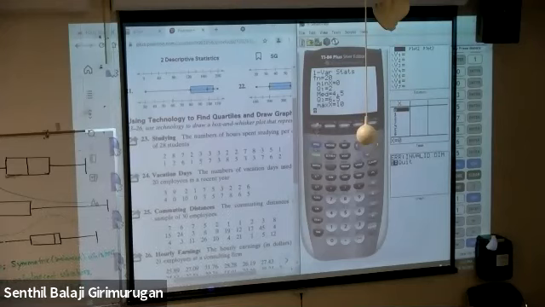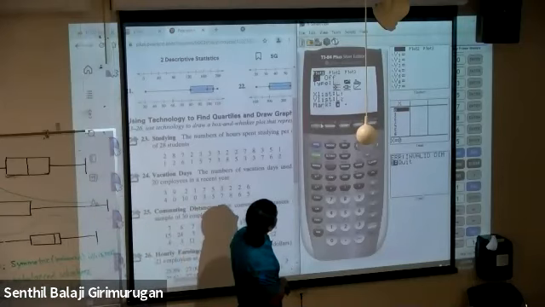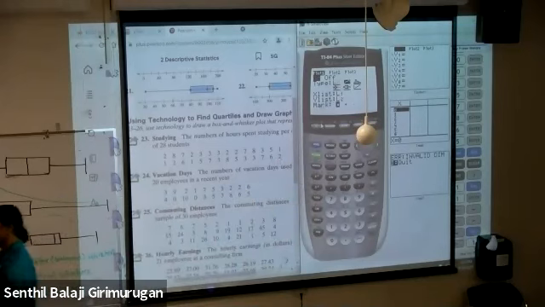Second, Q, start plot. Mine is already on. Select one. And if yours is not on, switch over. Do you see Box-Whisker plot? Yeah. So second row, there are two types. One that's got dots, the other one is a regular Box-Whisker plot.